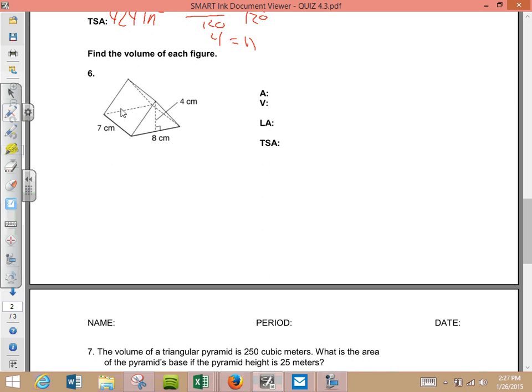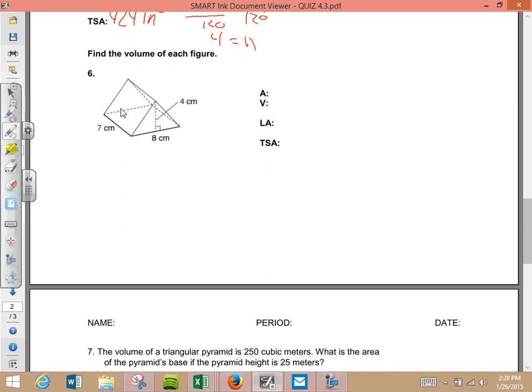So the next one. Kayla, over here. I'm going to ask you to look at your paper one more time. So how do I find the area of the base here? What kind of shape is it? Triangular prism.